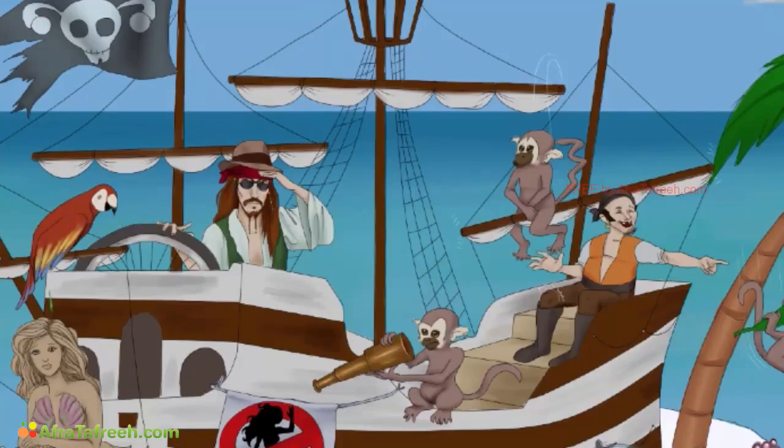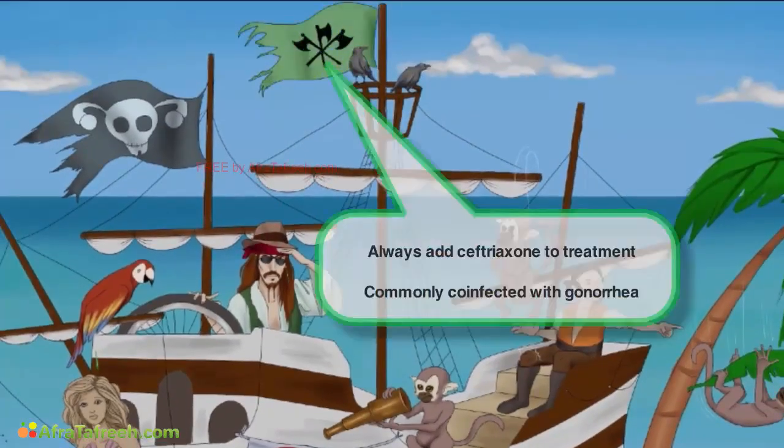This is why the empiric treatment for either of these 2 infections is to actually treat for both of them. So we'll also give them a single dose of ceftriaxone to cover gonorrhea as well. And we symbolize ceftriaxone in numerous videos with our 3 axes, or tri-ax. So we'll fly another flag with our tri-ax symbol for ceftriaxone.